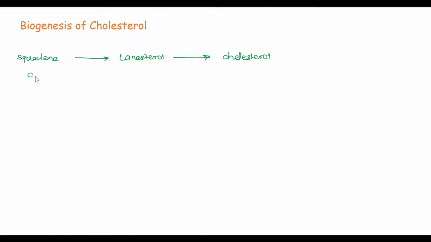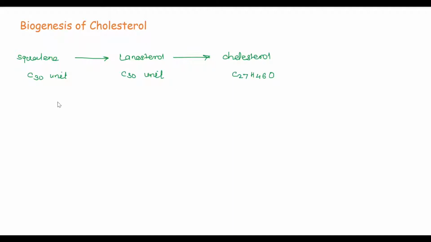Squalene has C30 in it, lanosterol also has C30 in it, but cholesterol has a C27 unit. That is, the molecular formula of cholesterol is C27H46O. So let us see the biogenesis of cholesterol in detail.